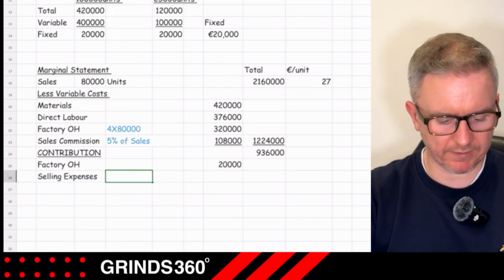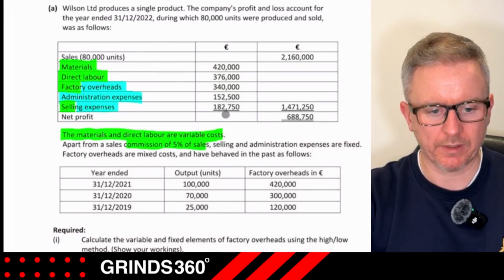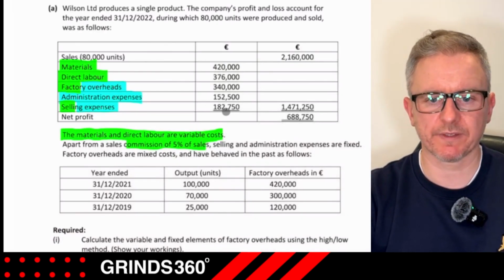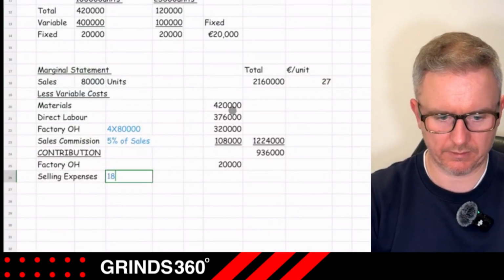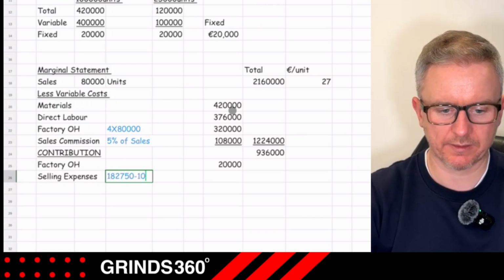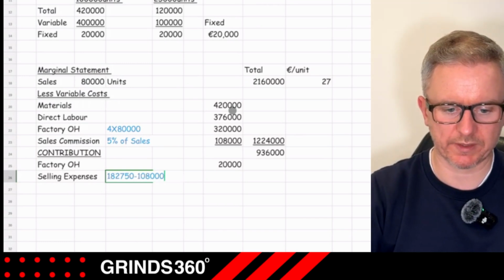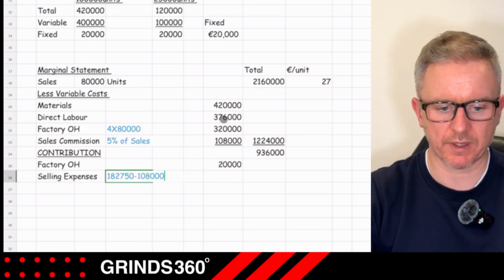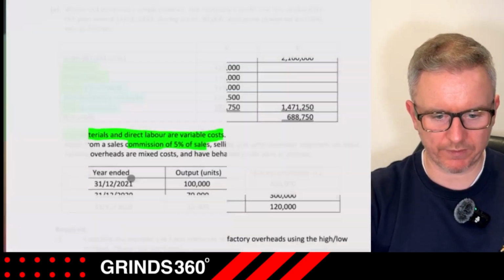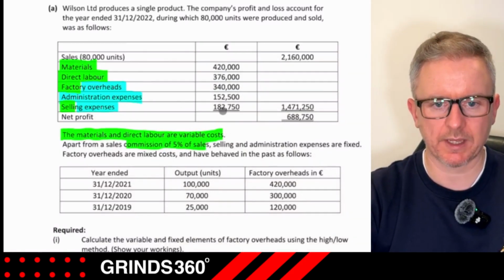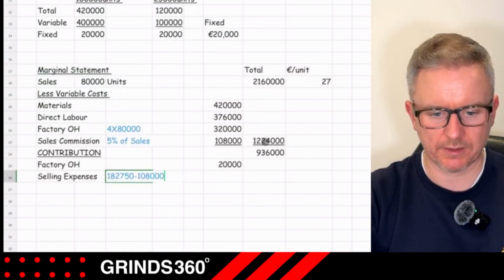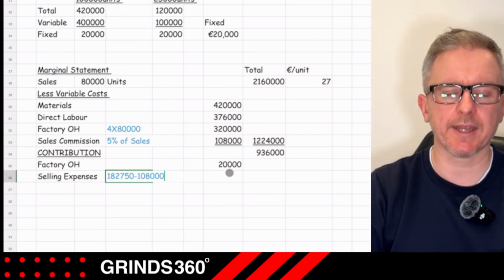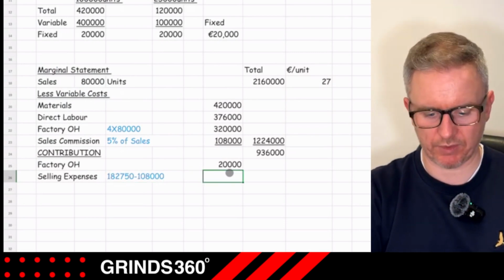So I need to take the full selling expense, the 182,750 from the question, and subtract the commission that I worked out, the 108,000. Again, a really, really common mistake where students leave that out.